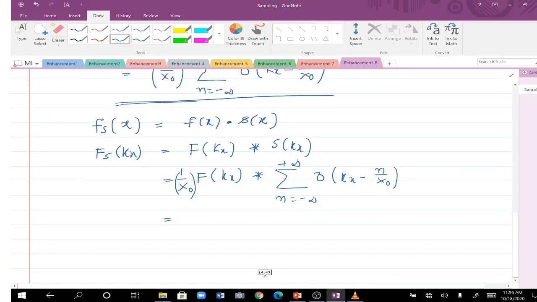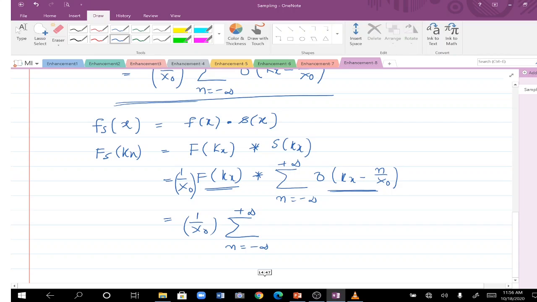Notice that in this f of kx convolution summation, I could bring it out; in convolution I could take it inside, and then there is a shifting property here. Convolving a function with a delayed impulse will eventually delay the original signal by the same value. So use that property there, which gives me an interchange of summation and convolution.